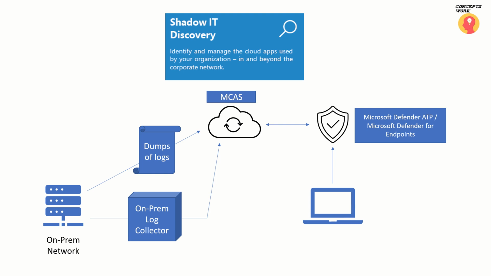So it's absolutely important for you to have shadow IT discovery for your on-prem resources as well. That means making sure the network data is also getting captured by MCAS so you can have more efficient shadow IT discovery.